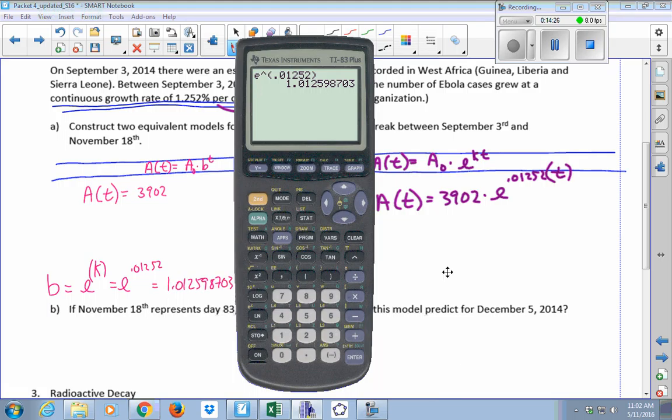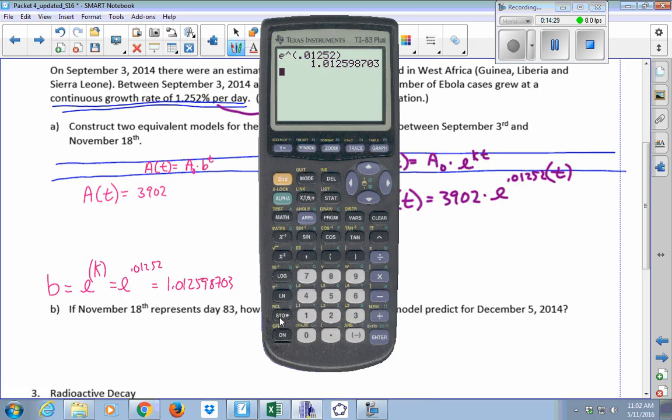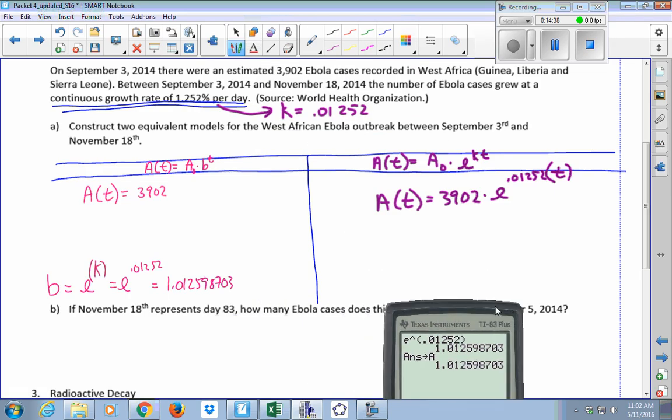I'm going to keep that right in my calculator. I'm going to store it under alpha A, so if I need to use it again, it will be in that storage location. So I put b as 1.012598703 to the t.